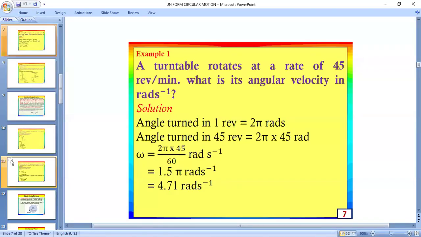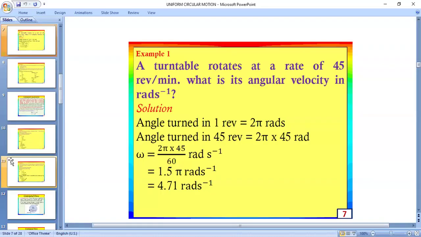So how many revolutions will be in 1 second, so that we get the exact frequency? So we'll have 1 over 60 times 45, and that gives us 0.75 Hz. 0.75 Hz is our frequency.